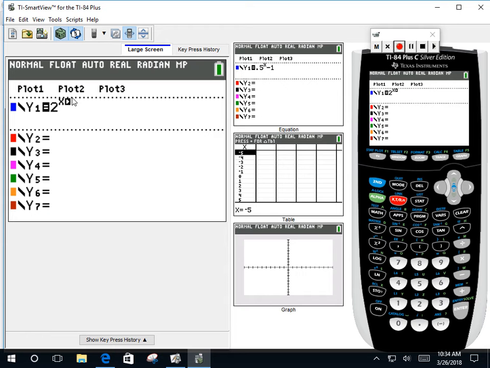Okay, does everybody have this typed in? I typed in the 2 first, and then to raise something to an exponent, you hit this one. No, I hit 2 first, then raised, and then I inserted the x. Okay, now once you have that, you hit graph.